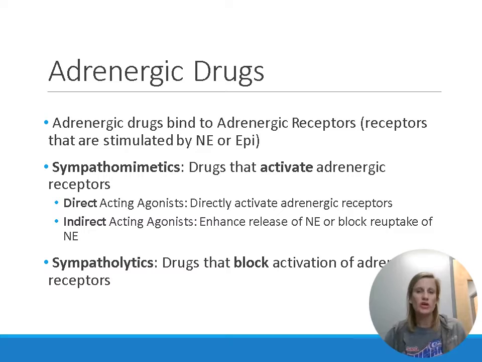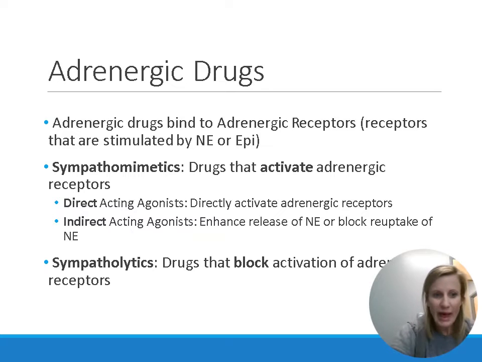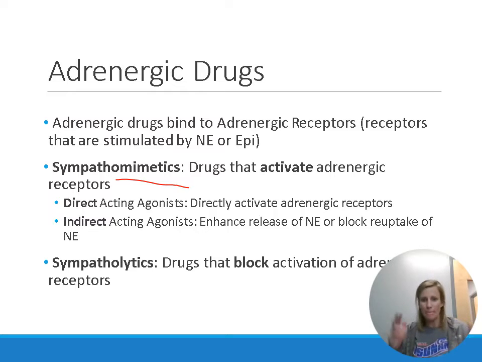The adrenergic drugs can be separated into agonists and antagonists. So sympathomimetics mimic the natural ligand binding. So these are drugs that activate adrenergic receptors or mimic the response of the adrenergic system.